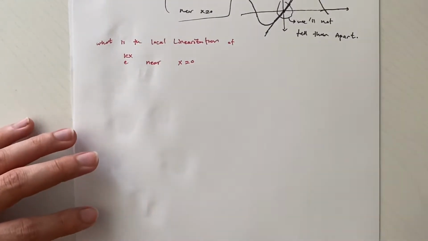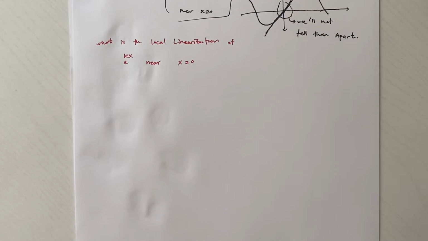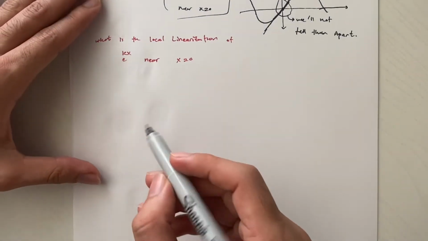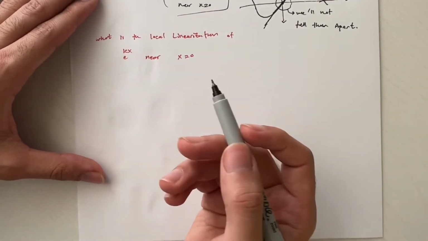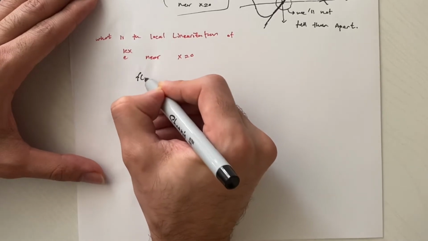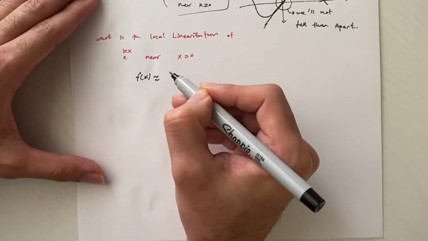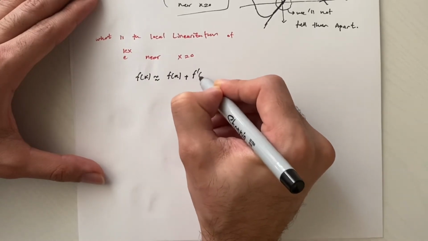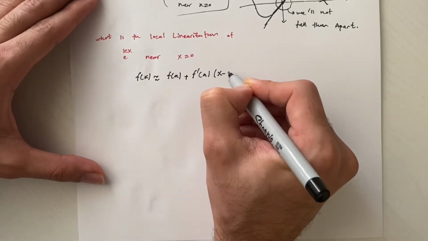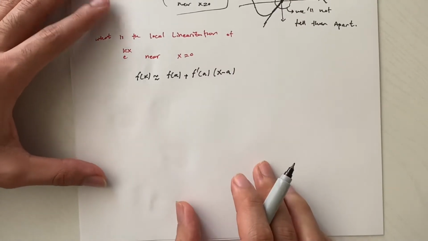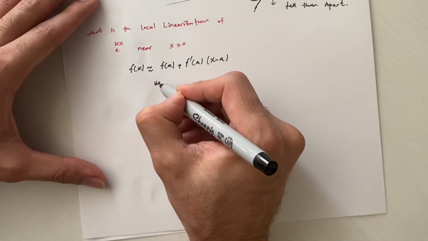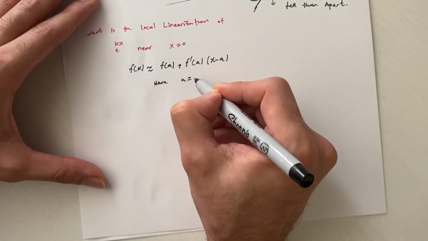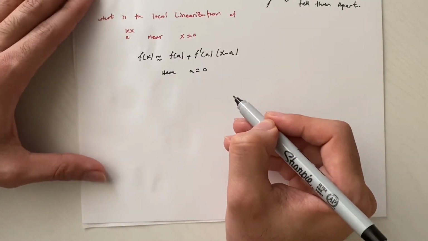So here, what's the local linearization of e to the kx near x equal to 0? Local linearization, remember, is the same as the tangent line approximation. The tangent line approximation is f of a plus f prime of a multiplied by x minus a. And here a is 0.